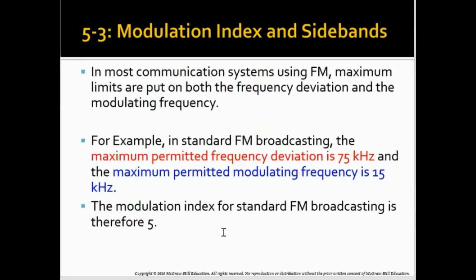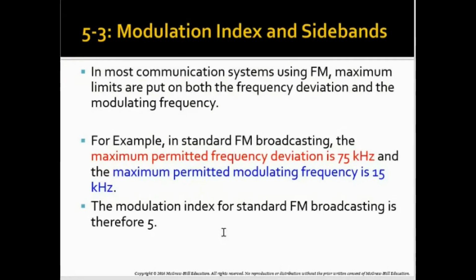In most communication systems using FM, maximum limits are put on both the frequency deviation and the modulating frequency. So means we limit both of them. So for example, in a standard FM broadcasting, the maximum allowed frequency deviation is 75 kilohertz, and the maximum allowed modulating frequency is 15 kilohertz.